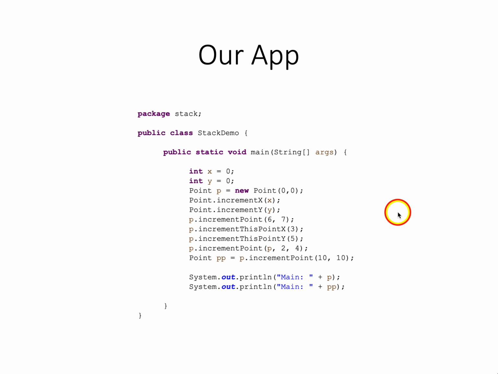This is our app. It's very small. It's a little bit contrived, but it will serve its purpose in showing us some of these principles. We're dealing with just a point class and manipulating data with the points. You can see that we have method names here that are very, very similar. I did that on purpose.